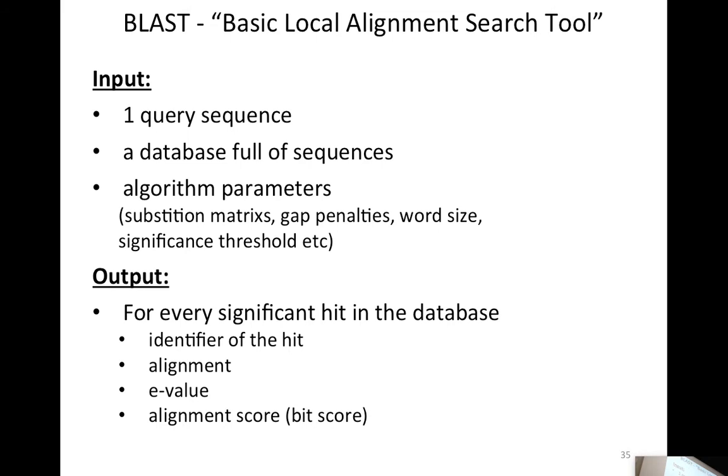From the alignment score, a statistical value, and the most used one for BLAST is the e-value, is generated to give you an idea of how likely it is that you found that match.